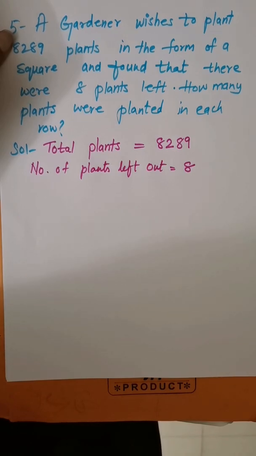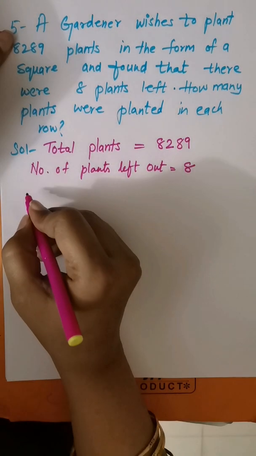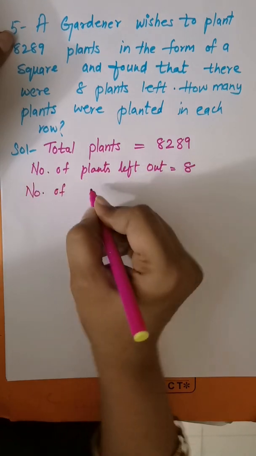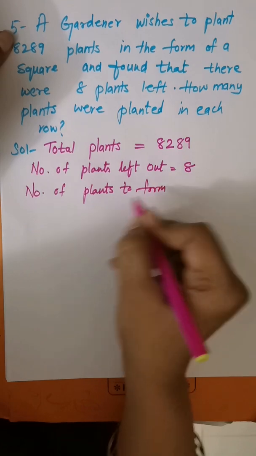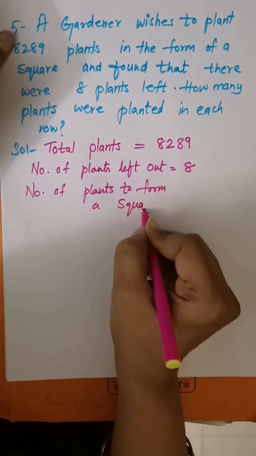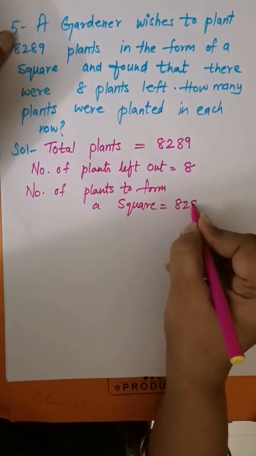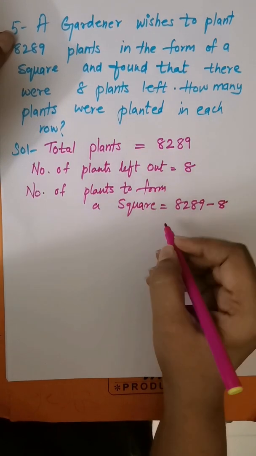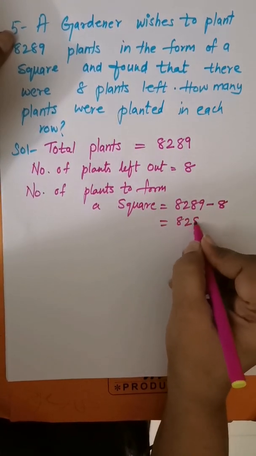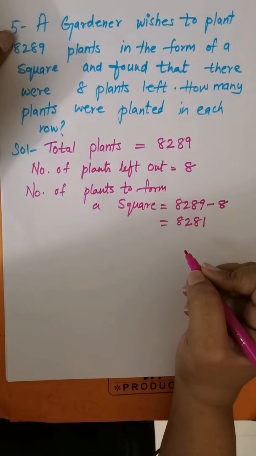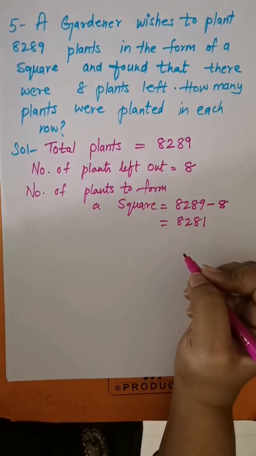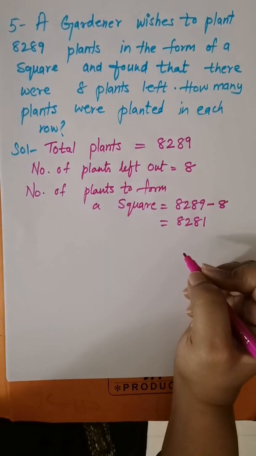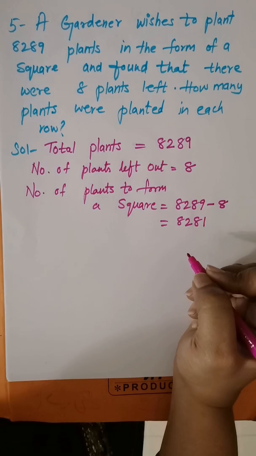How many plants were used to form a square? Number of plants to form a square is equal to 8,289 minus 8. So 8,281 plants were used to plant in the form of a square.